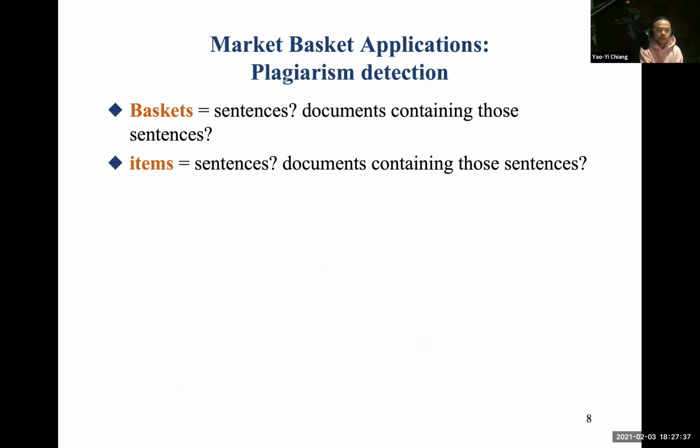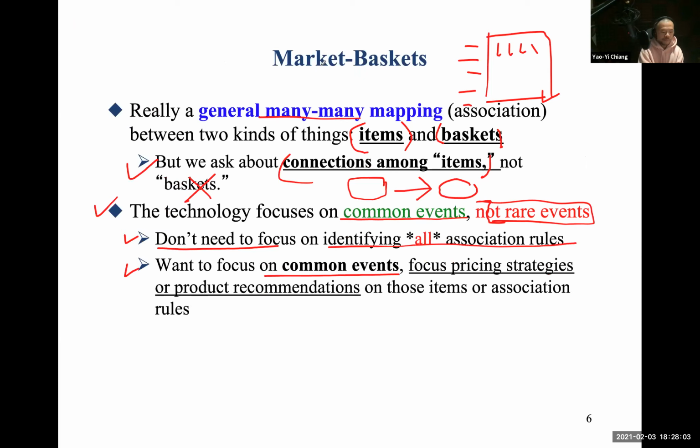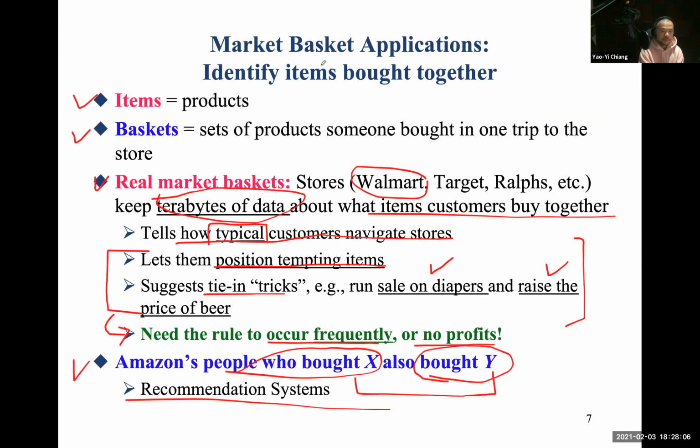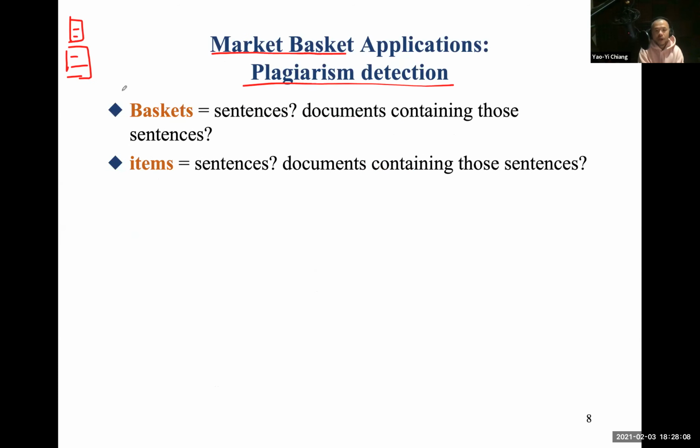So if we want to do plagiarism detection, we are going to have a bunch of documents, right? And each document will have a bunch of sentences, and we want to find this common pattern. If we want to use our market basket analogy or market basket model to model this problem, what would be our basket and what would be our items?